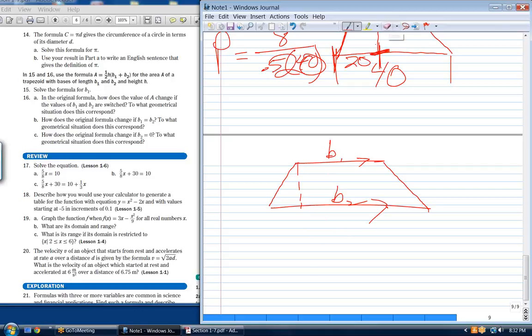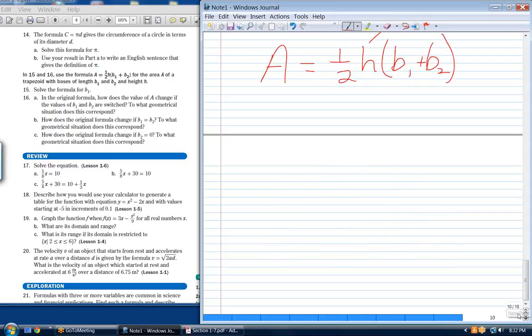Okay, so this being algebra, not geometry, they want to solve this formula for B1. Okay, what am I going to do? How do I algebraically manipulate this so that I end up with B1 equals something over here that has H, A, and B2 in it?